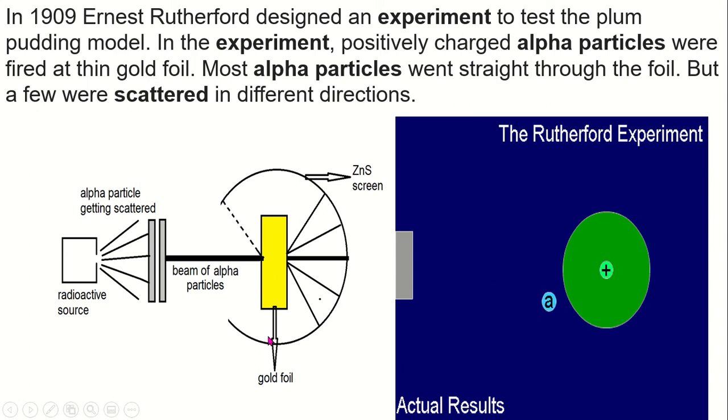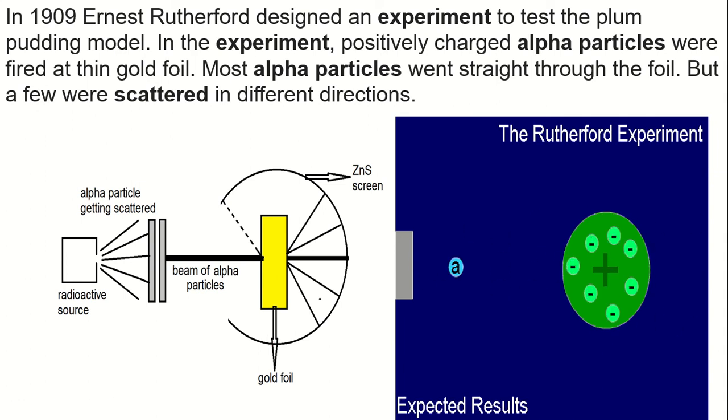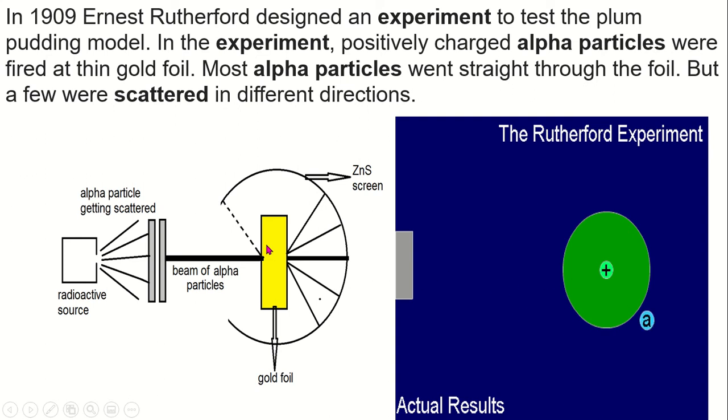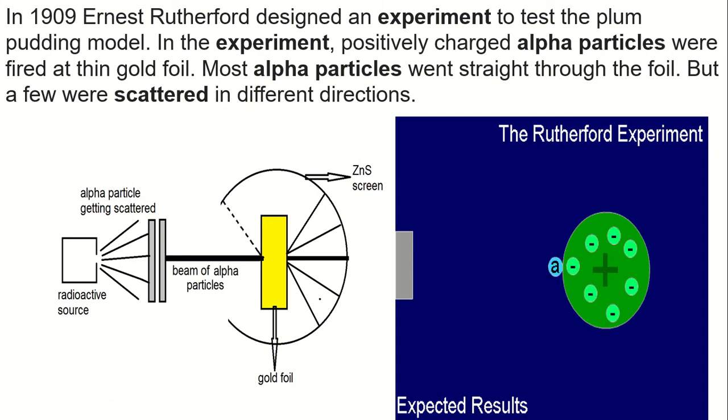The thickness of the gold foil taken in this experiment was 6 times 10 to the power minus 7 meter. Dear students, you must remember this thickness, because it frequently comes in MCQs. What is the thickness of gold foil in the alpha particle experiment? It may come.